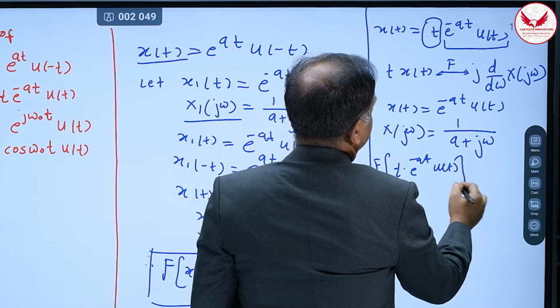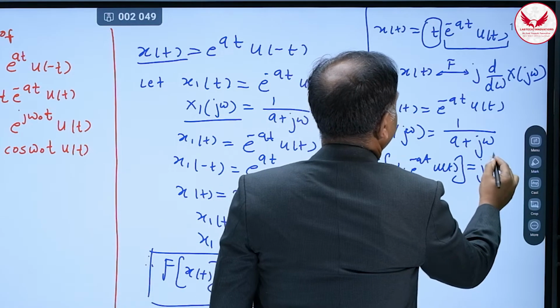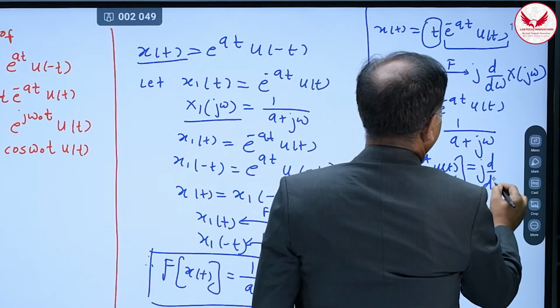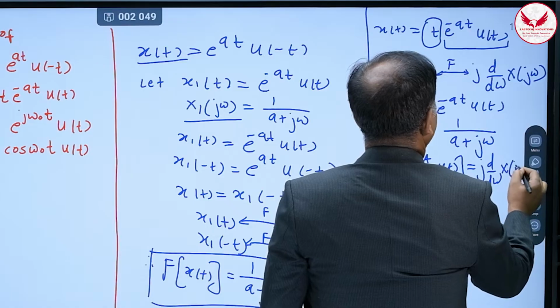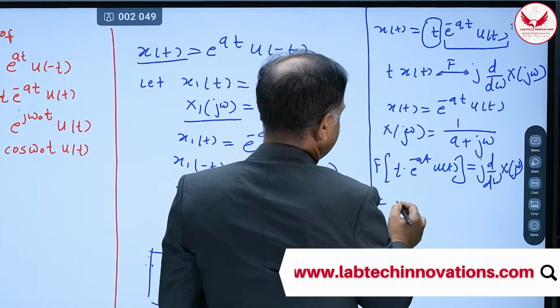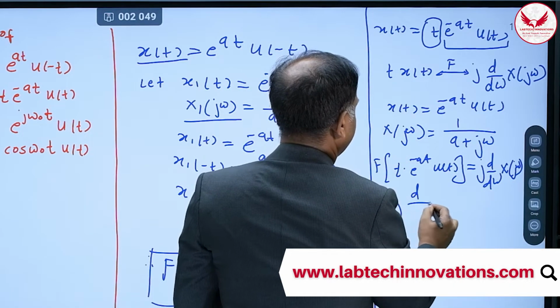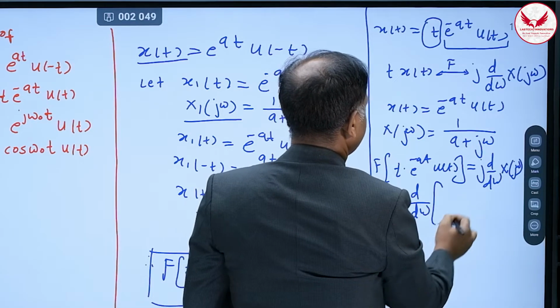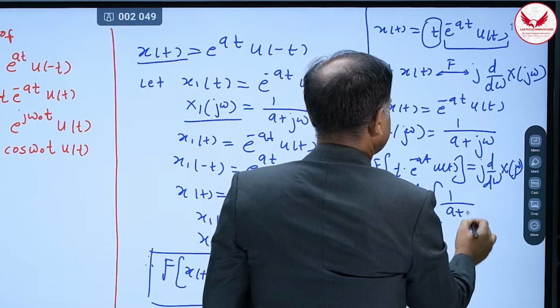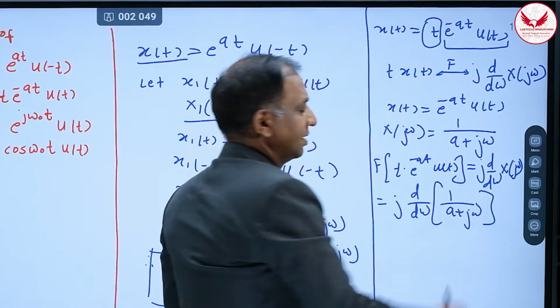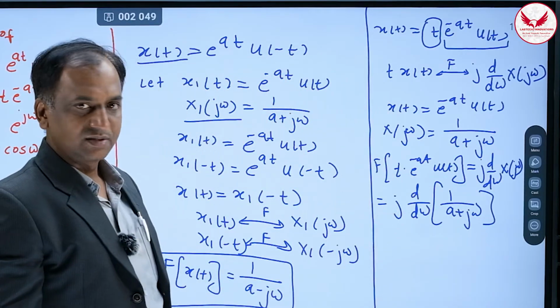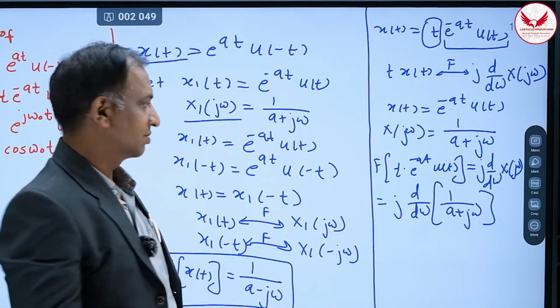Therefore the Fourier transform of t into e raised to minus at u of t is equal to j into d upon d omega into X of j omega, so I write j into d upon d omega of 1 upon a plus j omega. Now you can apply the differentiation of 1 upon x, which is equal to minus 1 upon x square.